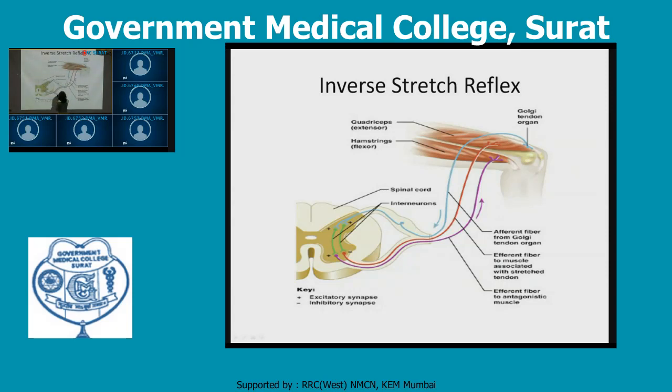There are two interneurons supplying the extensor as well as the flexor muscle. This extensor muscle will be inhibited, whereas this flexor group of muscle will be excited.